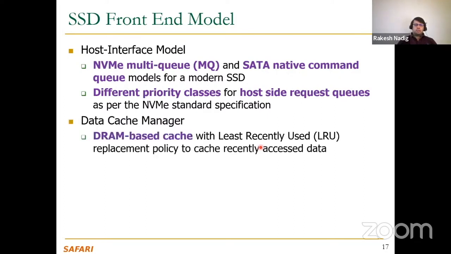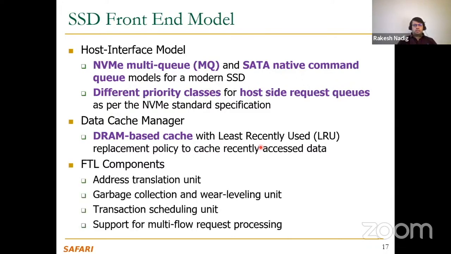And we also have a data cache manager, which is a DRAM-based cache, like we saw in the introduction slide, which uses a least recently used replacement policy to cache recently accessed data. And we also have different FTL components modeled in MQSim, such as the address translation unit, garbage collection, wear leveling, the transaction scheduling unit, and support for multi-flow request processing.